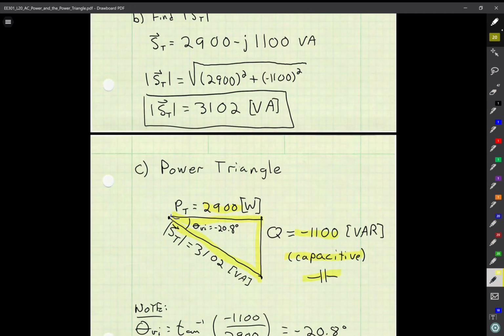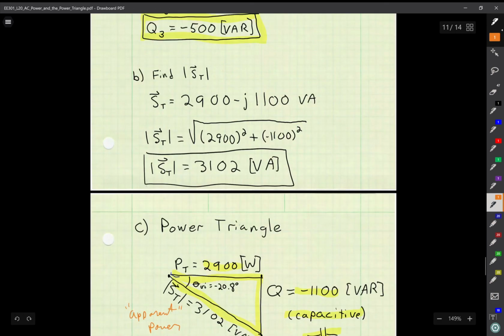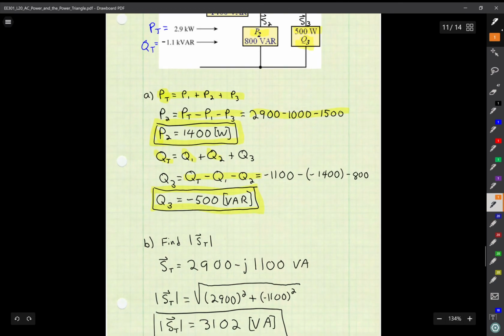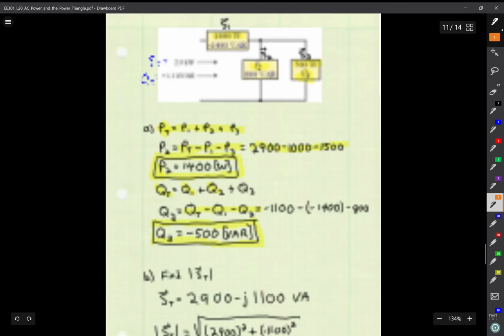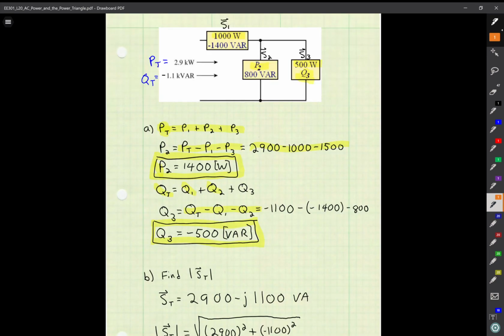To find the magnitude of the hypotenuse of my triangle, which is what we call apparent power, that's simply equal to the square root of the sum of P squared plus Q squared. And that's my triangle. So again, if I have mastered my calculator for complex numbers, I can shift between polar coordinates and rectangular coordinates and back again.